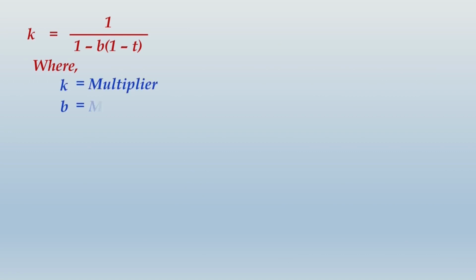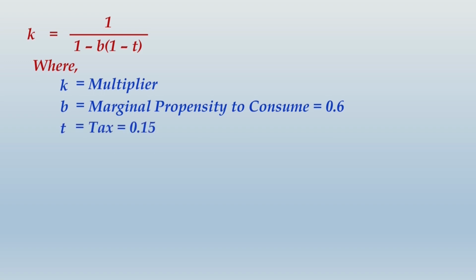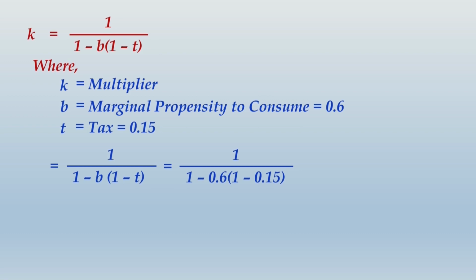K is the multiplier, B is the marginal propensity to consume, and T is the tax rate, which is the proportion of tax based on income. When you carefully handle these calculations, as I have always been telling you, this portion of the calculation, that is 1 minus T, should be solved first. That value should be multiplied to B, and then the whole thing should be subtracted from 1.